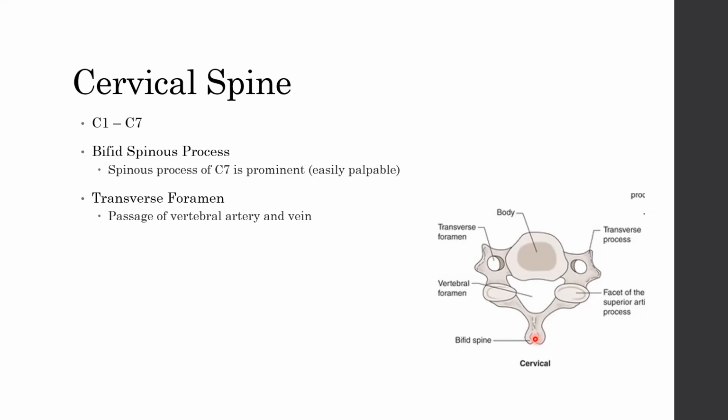Another unique characteristic that we see in the cervical vertebral bodies is our transverse foramen. The foramen just means a canal or opening. And these transverse foramen are where the vertebral artery and veins will come through and give blood supply to the superior portion of the spinal cord.